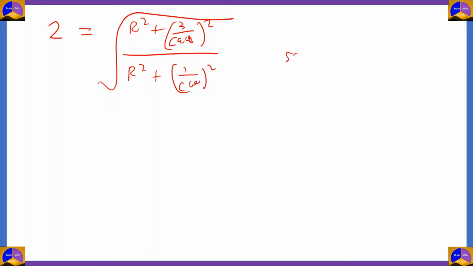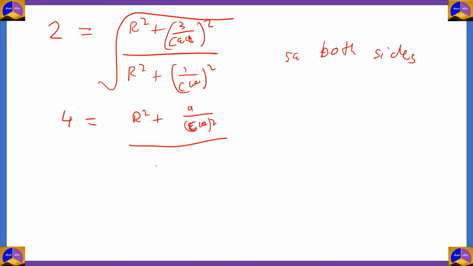Now what we do is we square both sides. When we square on both sides, we get 4 is equal to R square plus 9 by C omega the whole square, divided by R square plus 1 by C omega square.